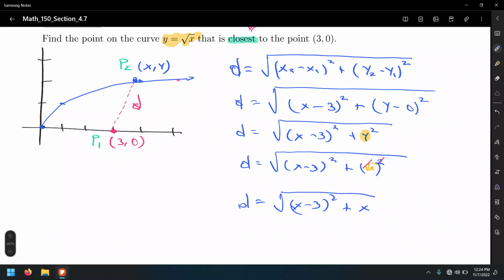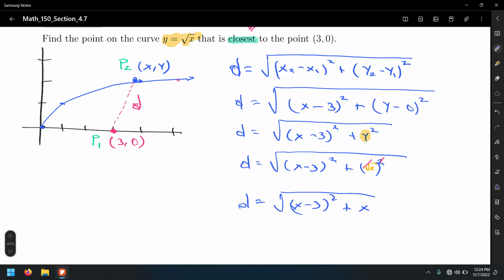And this is a function that we would have to do the calculus on. However, check that function. Doesn't that function look a little complicated? We would have to use a double chain rule, an overall chain rule for the radical and an innermost chain rule for the (x minus 3) quantity squared.